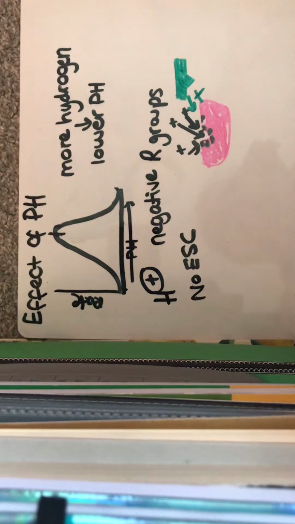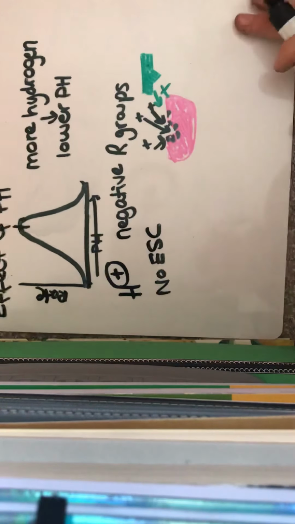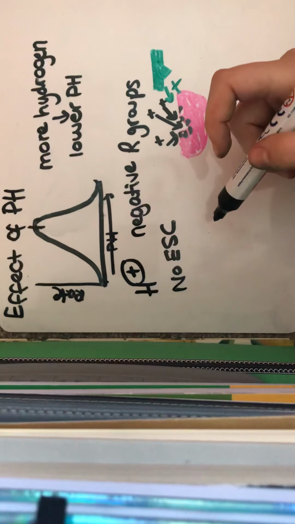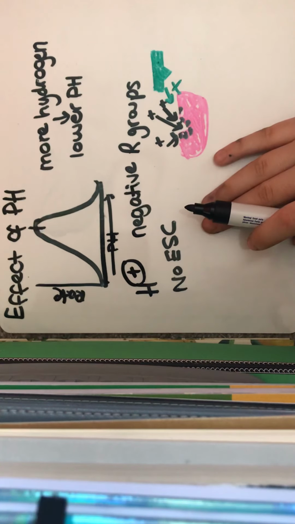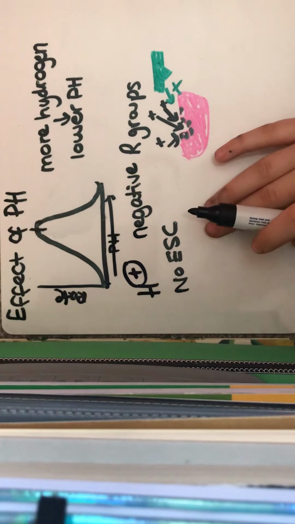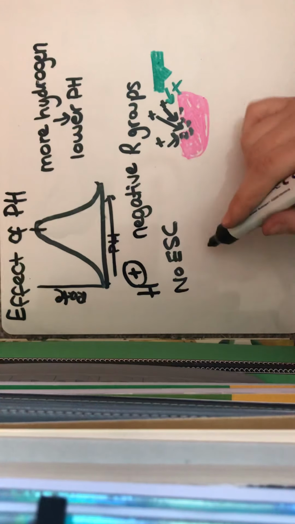So the rate of reaction stops at the high and the low points because these hydrogen ions in excess will interfere with the hydrogen bonds and ionic forces in the structure of the enzyme, like the proteins. So we've got hydrogen bonds that hold structures like alpha helixes in place in the protein.